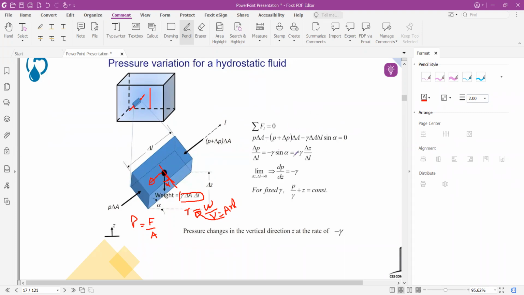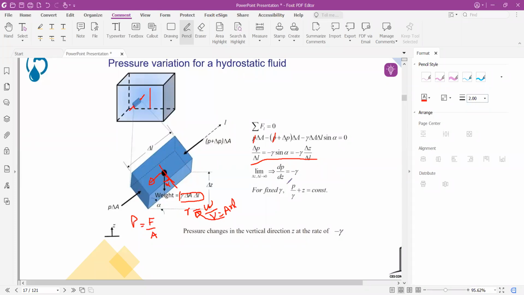So by solving this equation, we get this equation by subtracting the pressure, and similarly by taking the area common and dividing both sides, we get rid of the area as well, because the area is similar for all.